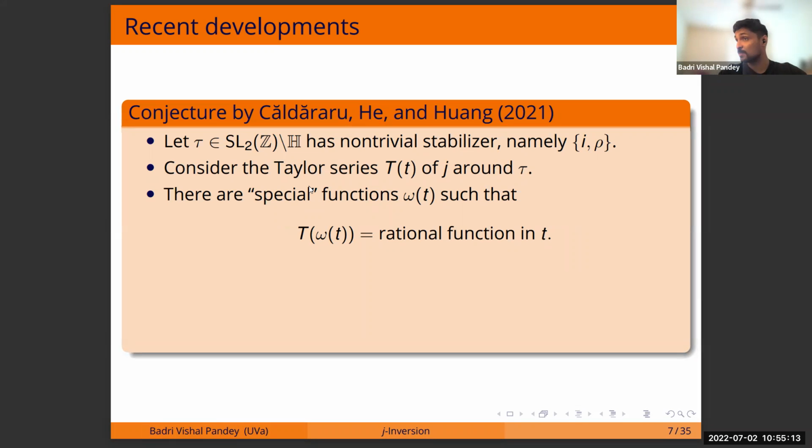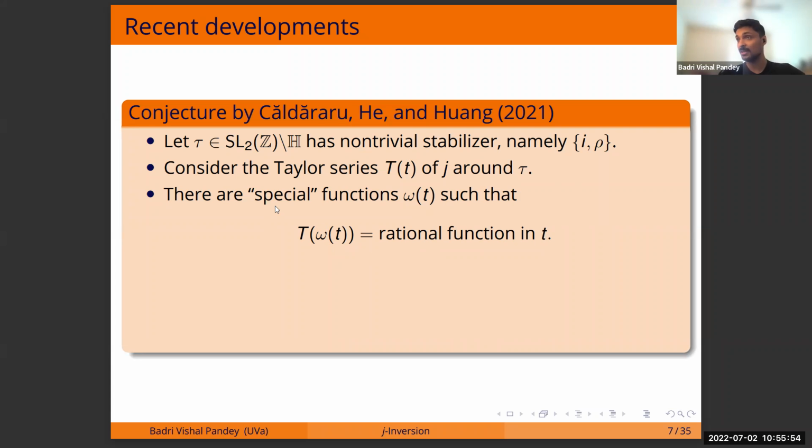Then there exist very special functions. Let's call them omega of tau. I'll make this more precise in a bit. But there are some special functions, and when you put them there, the Taylor series expansion turns out to be a rational function in T. A priori, you should not expect this, because if you look at the Taylor expansion of the J function, it has an infinite expansion with no pattern or any obvious way that it should turn out to be a rational function.